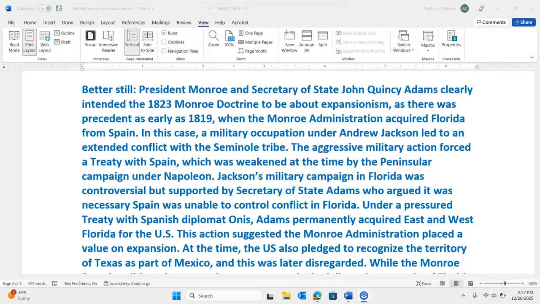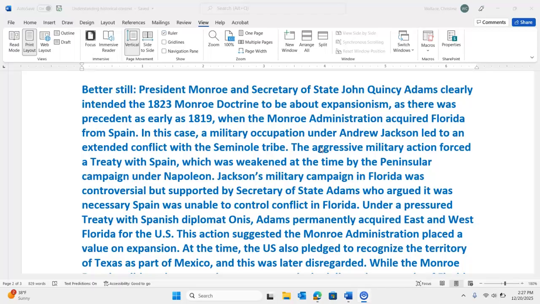The aggressive military action forced a treaty with Spain, which was weakened at the time by the Peninsular Campaign under Napoleon. Jackson's military campaign in Florida was controversial, but supported by Secretary of State Adams, who argued it was necessary. Spain was unable to control conflict in Florida. Under a pressured treaty with Spanish diplomat Onís, Adams permanently acquired East and West Florida for the U.S.